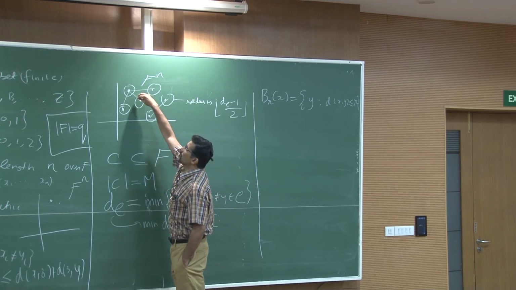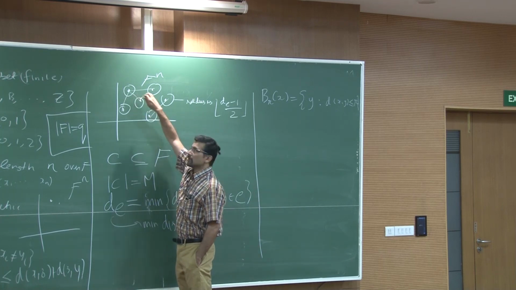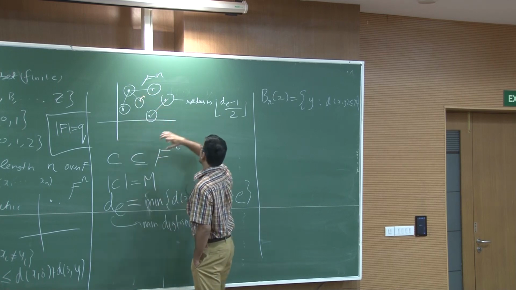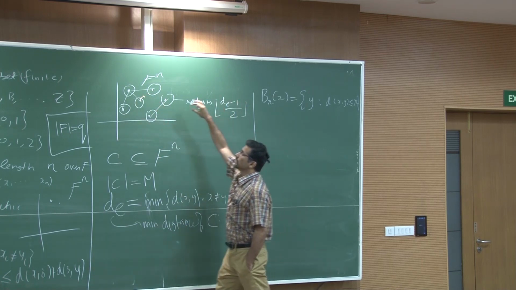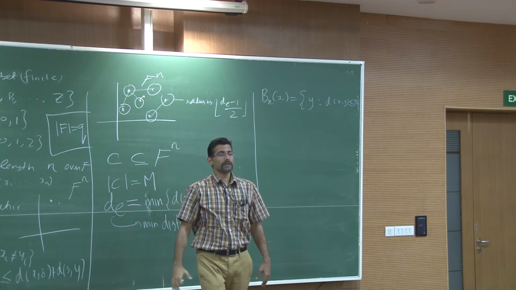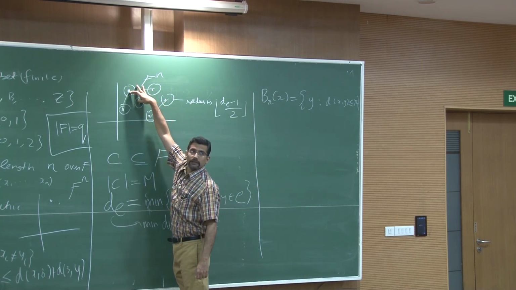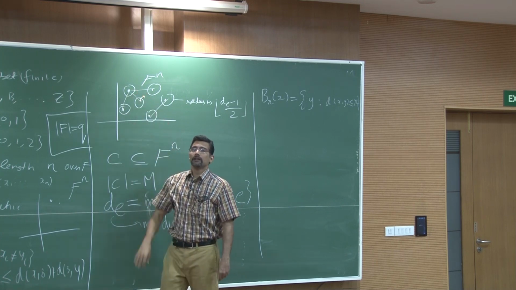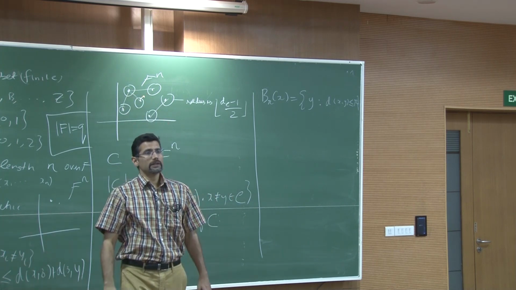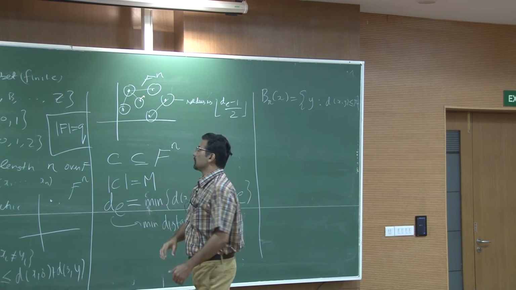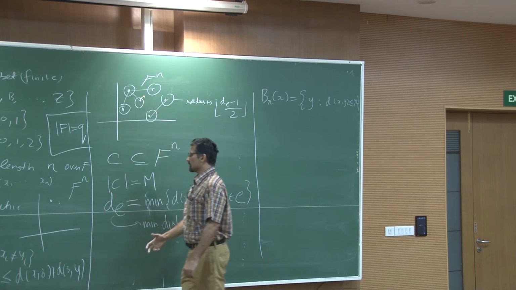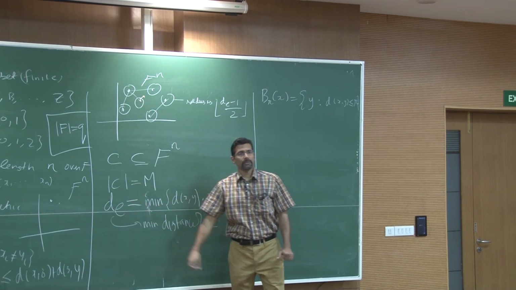Suppose these two balls had an intersection. Since this radius is less than half of d minus 1, and this radius is less than half of d minus 1, the triangle inequality would imply that the distance between these two ball centers, if they had an intersection, would be less than or equal to d minus 1, which is not the case. Why? Because any two ball centers are at least d_C apart.